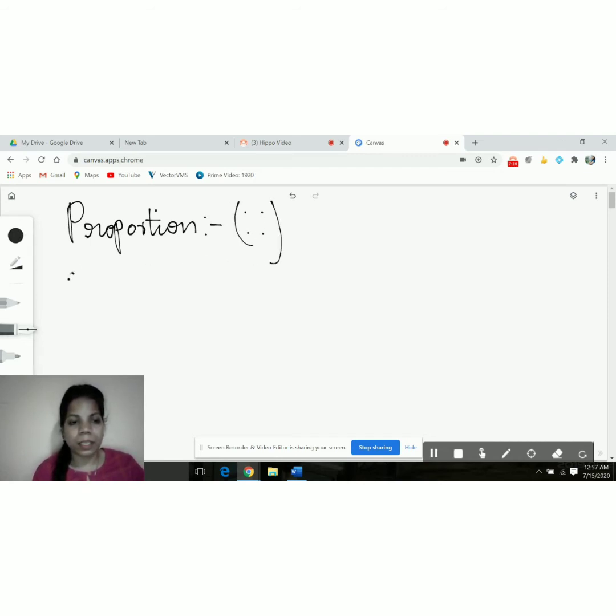Now let us see, if A, B, C, D are four terms in a proportion, then it can be written as A is to B is proportion to C is to D. This is how we write a proportion.